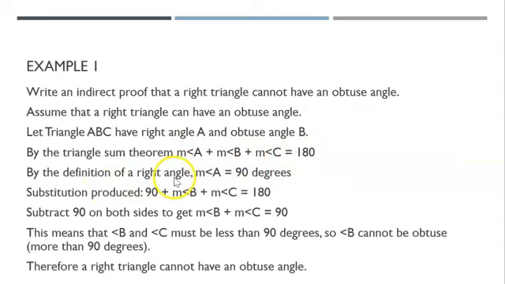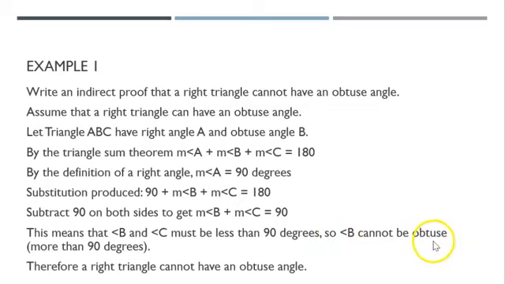And I also said that we have a right angle, angle A, so that has to be 90 degrees. And I put that in, and I subtracted 90 on both sides to get measure of angle B plus measure of angle C equals 90. This means that angle B and angle C must both be less than 90, because if they add to 90, neither one of them can be more than 90.